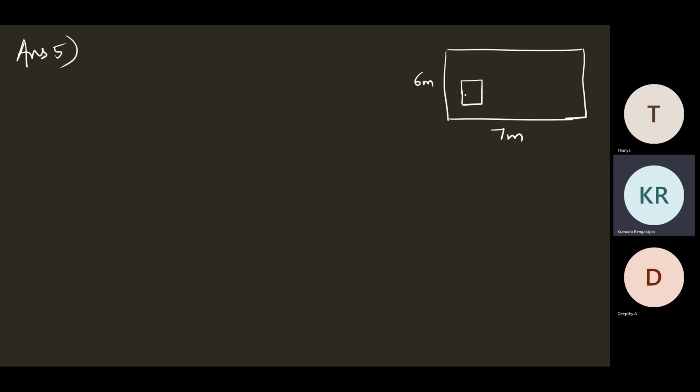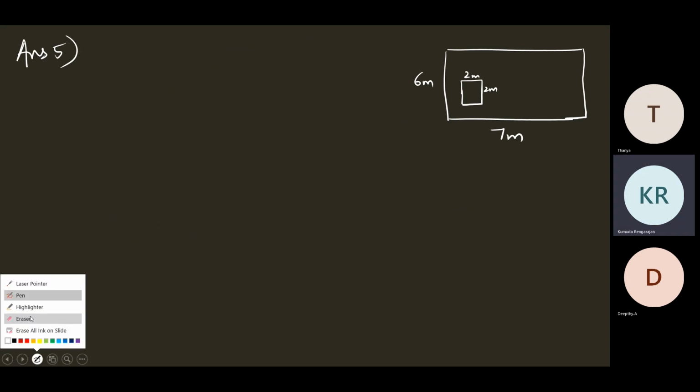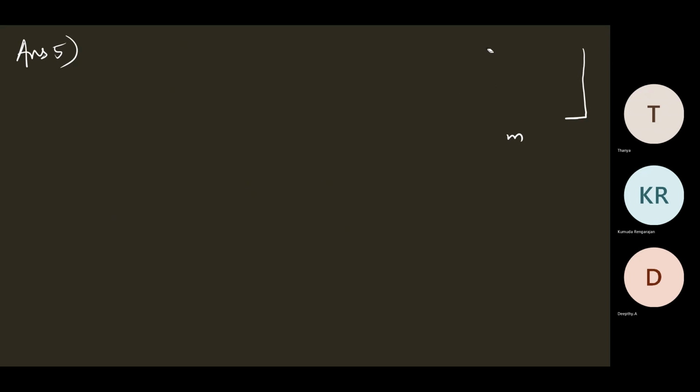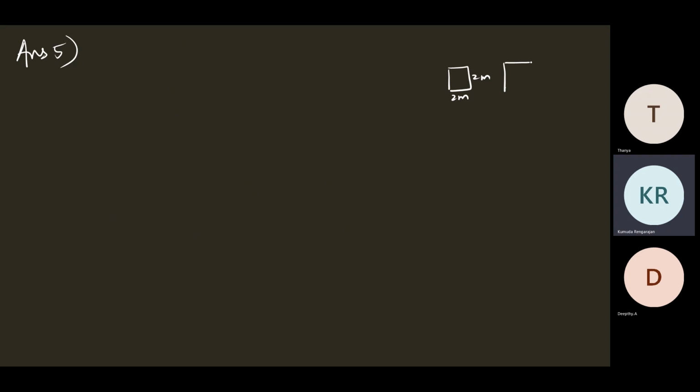See, it's a square flower bed, so 2 meters by 2 meters. Let me draw the rectangle still bigger. Let me draw the squares first. 2 meter by 2 meter, 2 meter by 2 meter. Okay, so another one say like this.